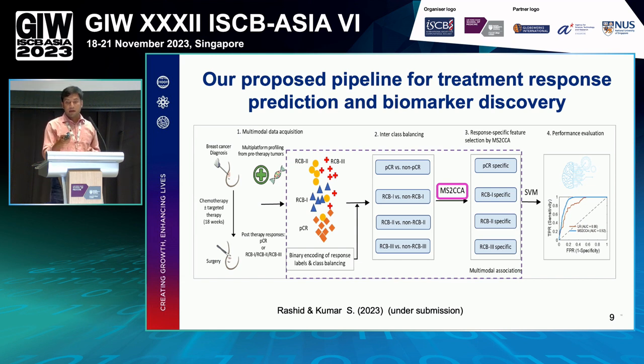Later we call it MS2CCA, that is our proposed algorithm. In step 3, it can detect response-specific features, in our case pCR-related, RCB-related, RCB1, RCB2, and RCB3. Finally, we feed these extracted features into a machine learning classifier, SVM, and then we evaluate the performance of the model.